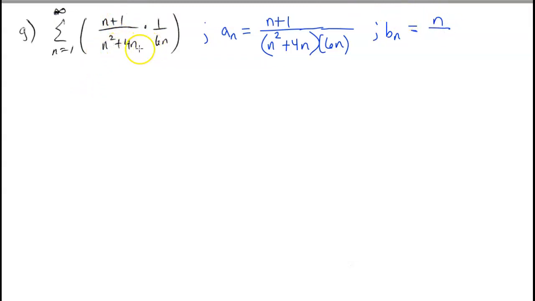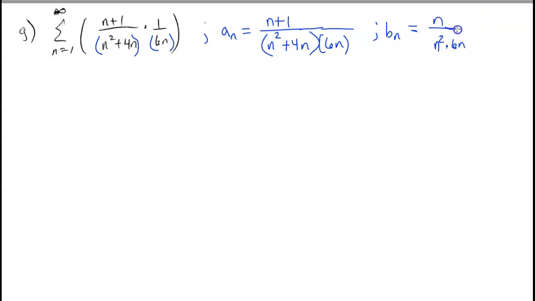In the denominator here, I have this times that. And so I know that for values of n that are going to get more and more positive, the n squared is going to dominate over the 4n. And in that case, I could look at this as just n squared times 6n.